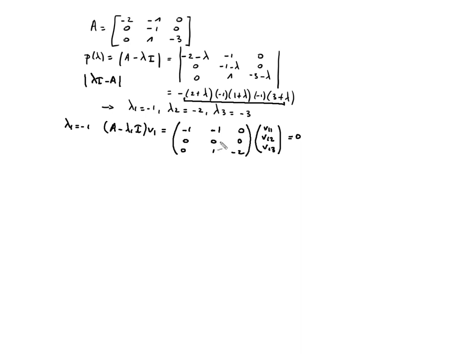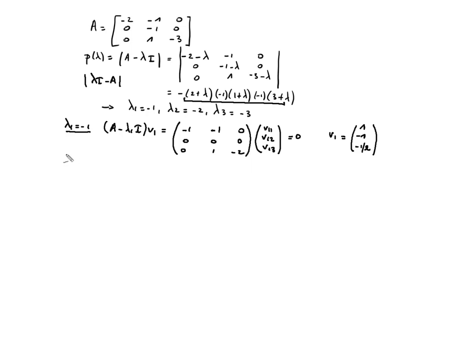What we'll do is impose the first element to be 1, and then the first equation tells you that you need a -1 over here, and if you have a -1 over here, the last equation tells you that you need a -1/2 over here. Okay, so that's my first eigenvector.